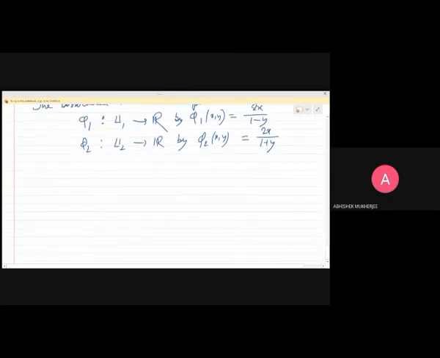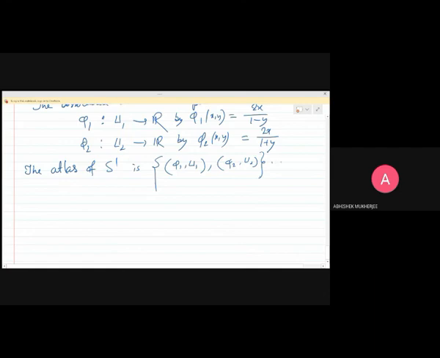Also, the atlas of S1 is (phi 1, U1), (phi 2, U2).